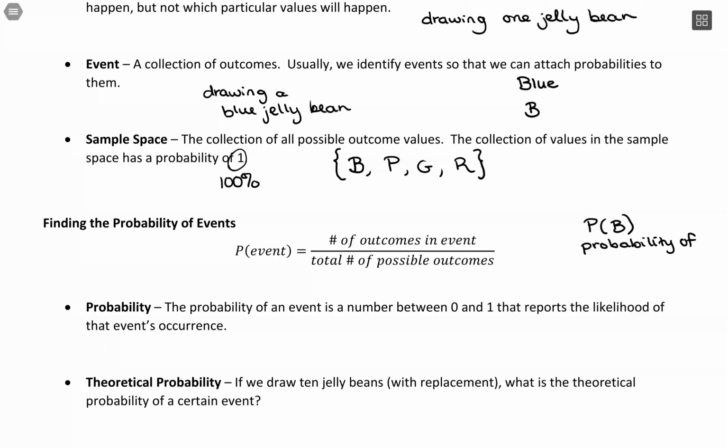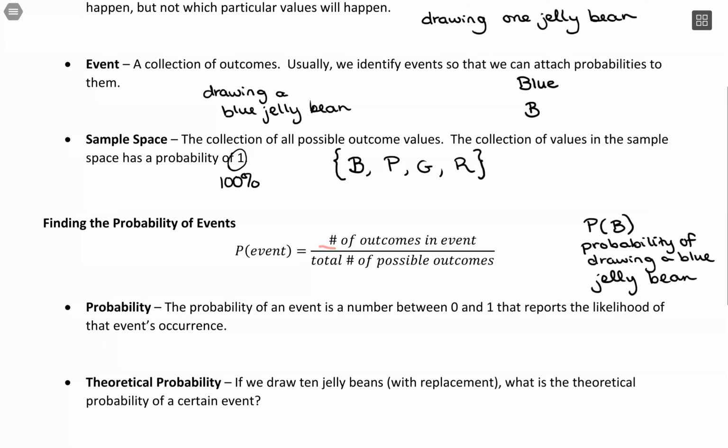So it would be probability of drawing a blue jelly bean. It's a way to write in shortened form the probability of a blue jelly bean, just P parentheses with B in the middle. You'll see this notation show up a lot in this section, and it just represents the probability of that event that's in the parentheses.